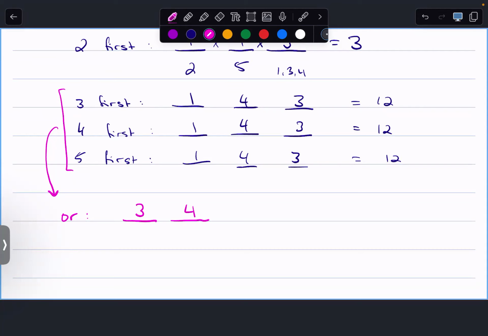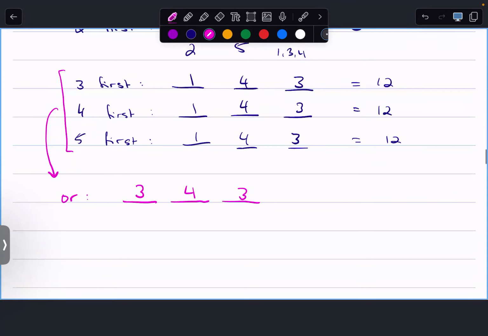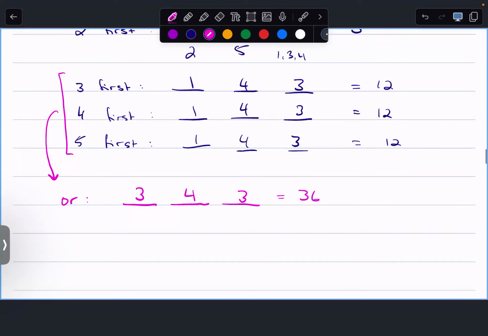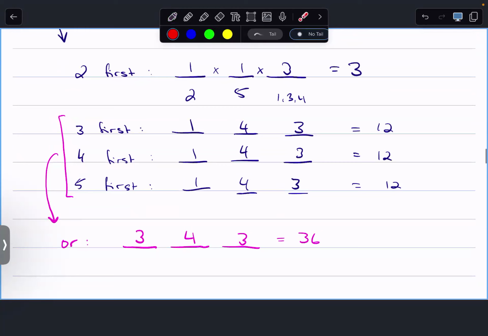Because then all of a sudden the forbidden 1 and 2 are back on the table, but I've already used 1, and so now I have 4 to choose from, followed by 3, which is going to be the same 36, 12 plus 12 plus 12, or 36. Doesn't matter which way you slice them and dice them. And so together, remember, this is only for 3, 4, or 5 first. There are 36 options.